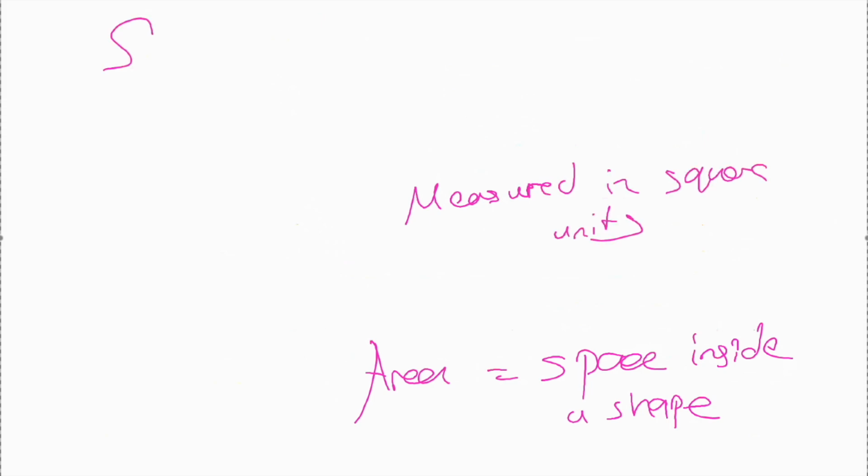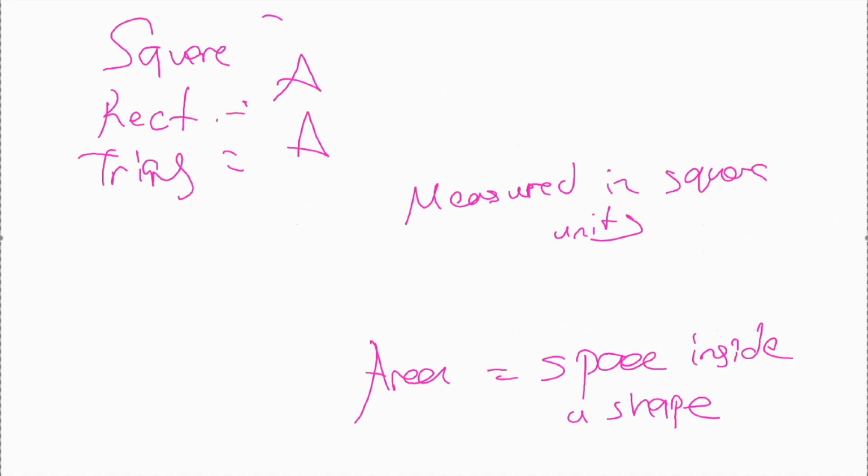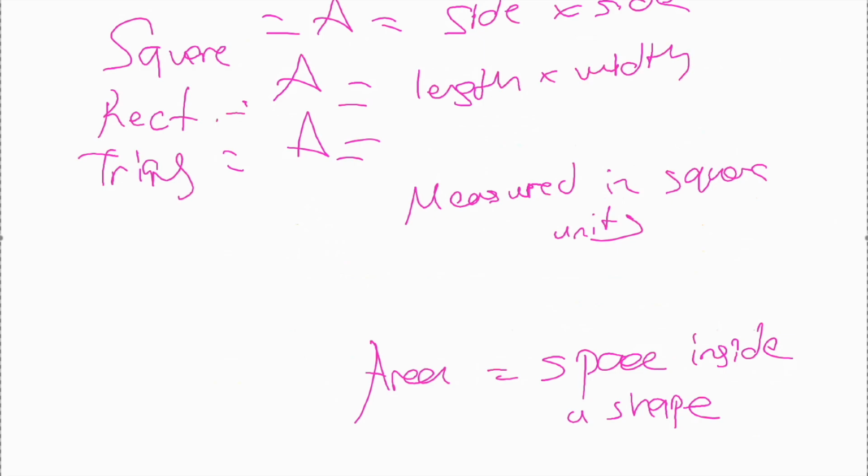And we know that square, rectangle, and triangle give these areas: side times side, length times width, and base times height divided by 2.